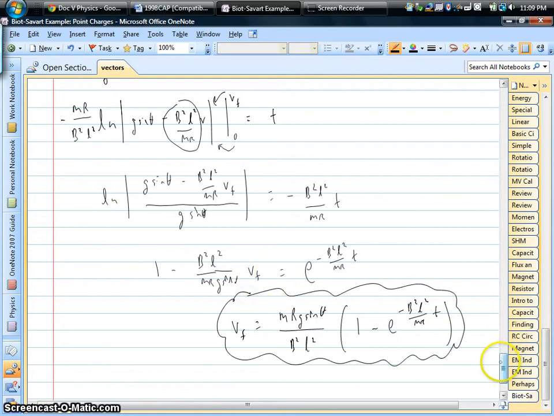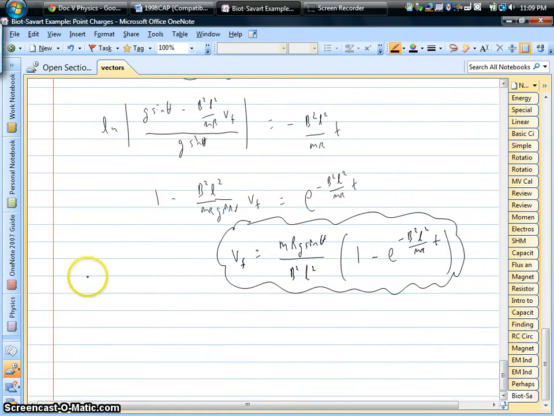It looks like a mess when it's symbolic like this. But conceptually, this is a terminal velocity. If we look at our velocity as a function of time, when time is 0, we'll have in parentheses 1 minus 1. It starts at 0, that's cool. That was our initial condition.